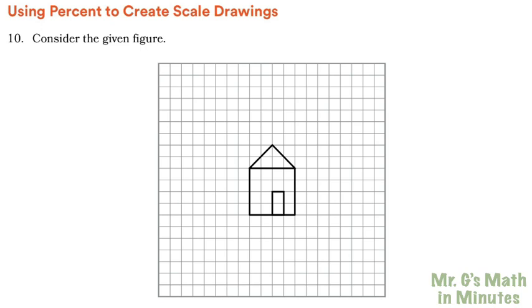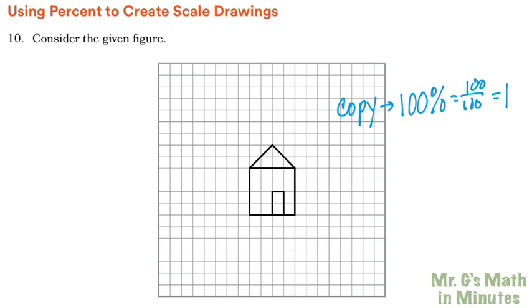And the same thing is true right here. If I take this picture of this house and I use a scale factor of 100%, 100% is the same exact thing as saying 100 over 100, which is 1. So if I have a scale factor of 100%, I'm making a copy of this exact house. It would be the same exact size.